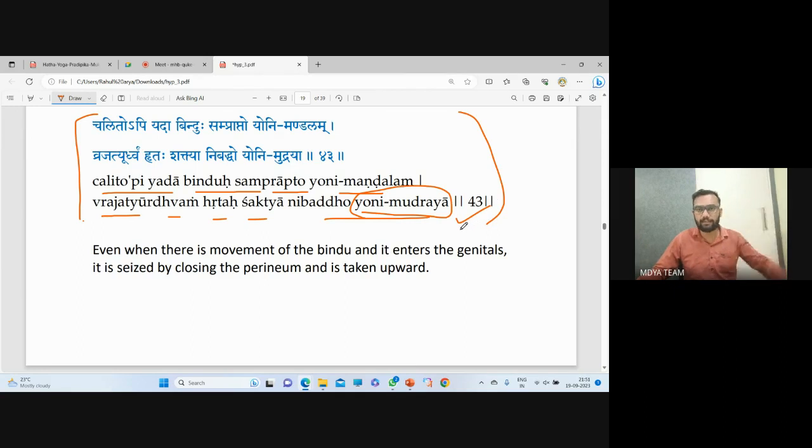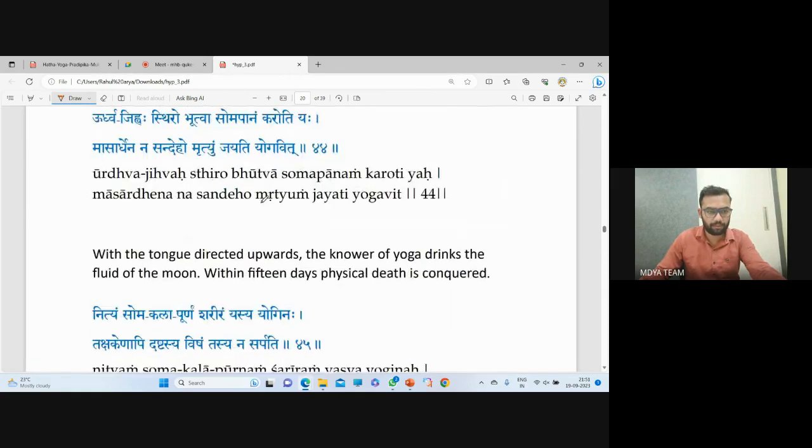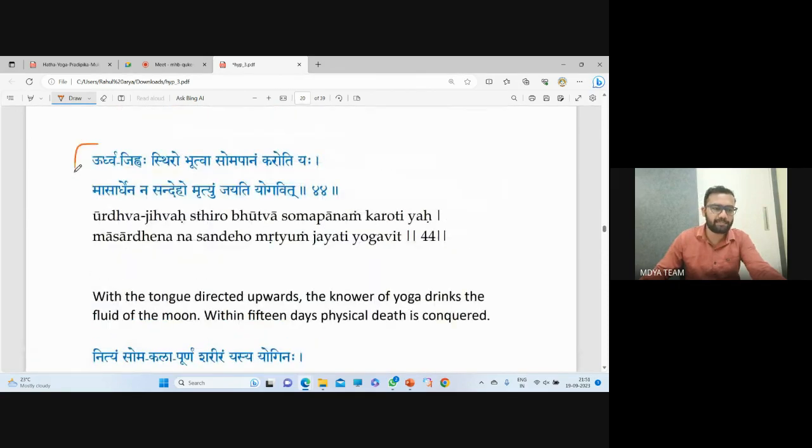We will discuss vajroli in detail later, it is the second last, ninth practice of the mudras. Yoni mudra is specially for saving our nectar, and that nectar is responsible for our aging and our health.